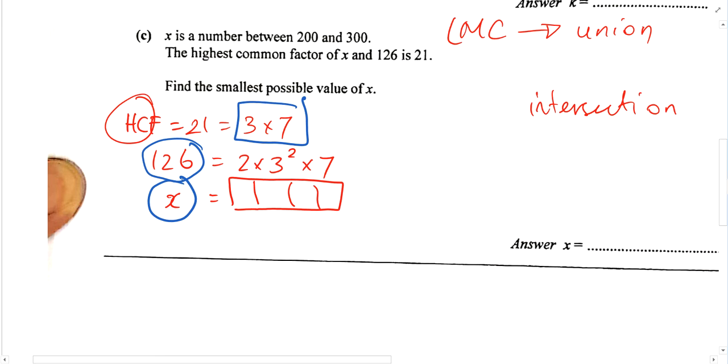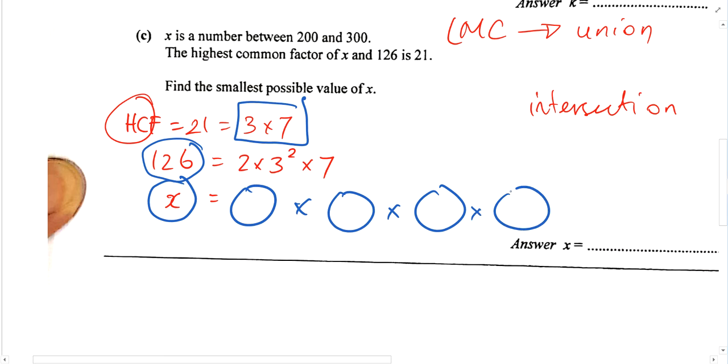126 as well as x, it must therefore mean that one of the prime factors of x must be... see, x is made of different prime numbers. I don't know how many there are.